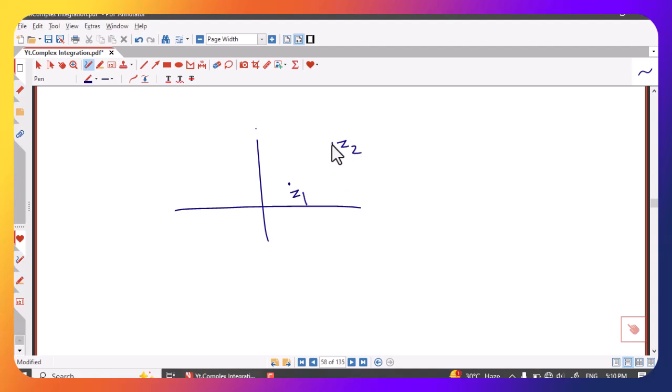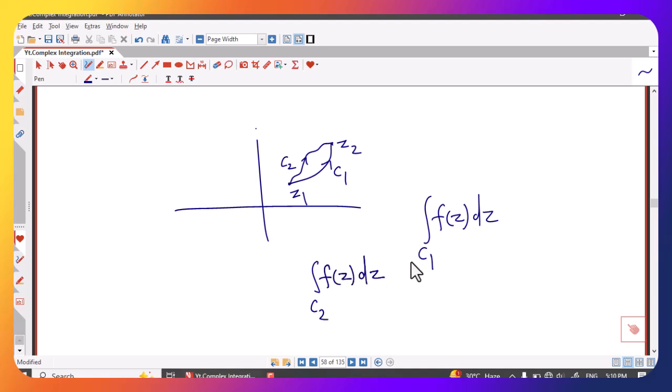z2 in the complex plane, and suppose we are integrating along say contour c1 from z1 to z2, and suppose we change the path of integration. Suppose we consider another path or another contour between z1 and z2, then we have seen that these two integrals are different.